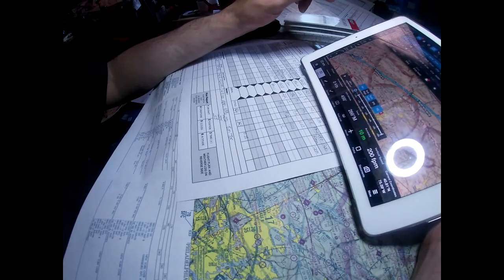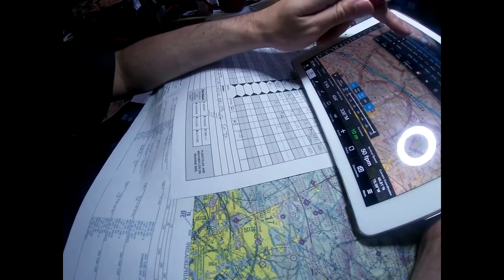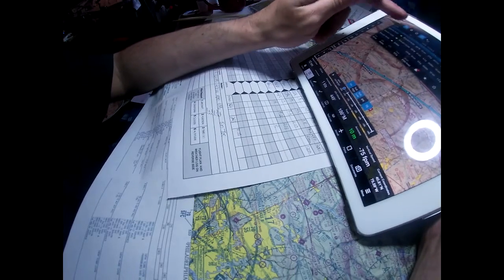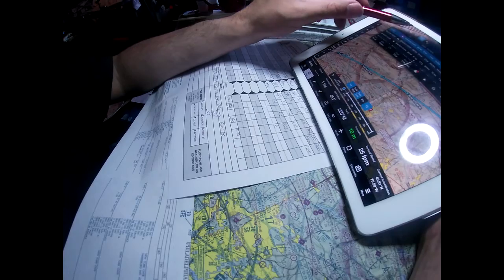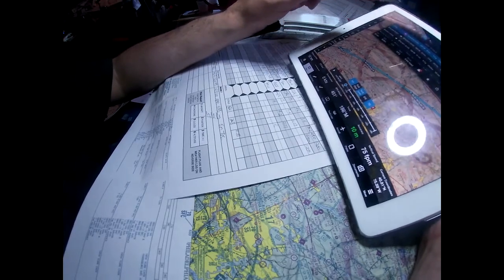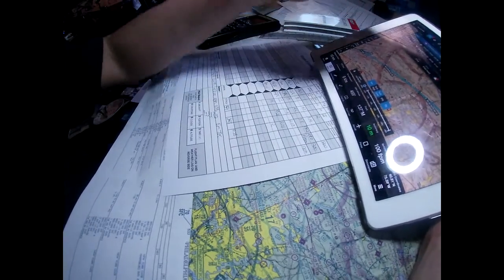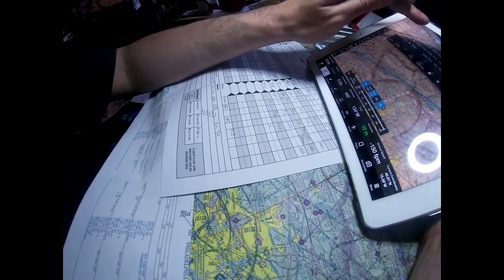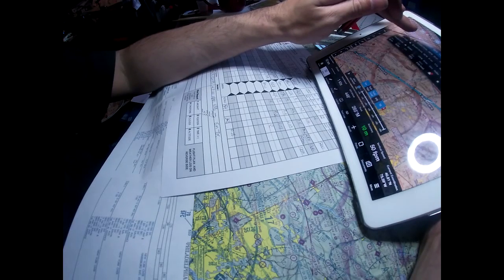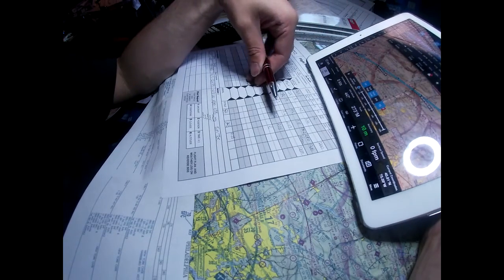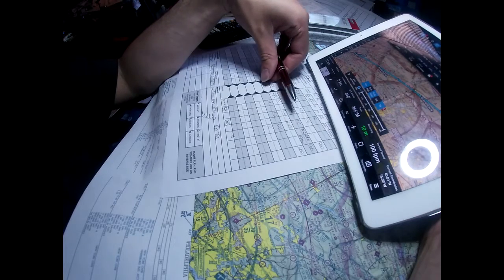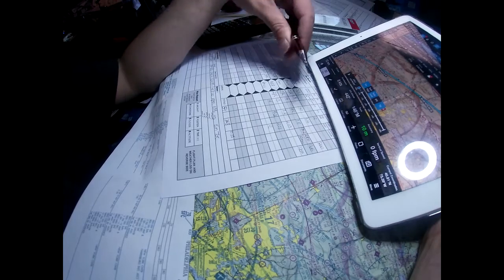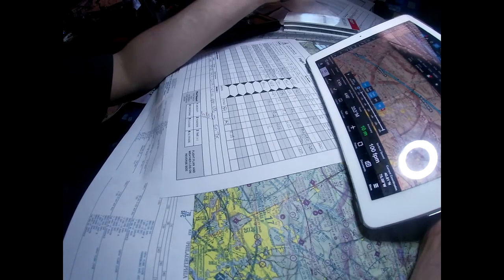Second one is 1.4. Yeah, 1.5. The only difference with ForeFlight is it adds the time it takes to get from the airport to the waypoint. It doesn't take into consideration the time between each waypoint.